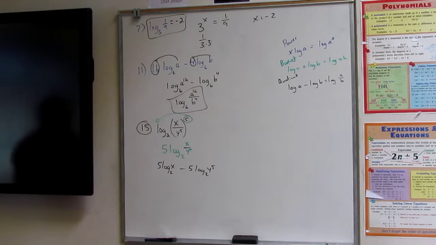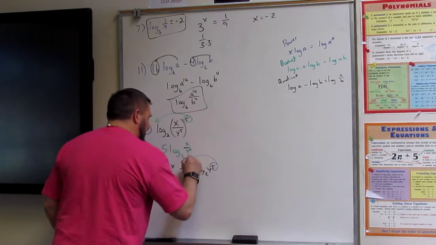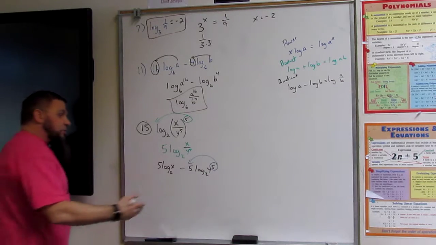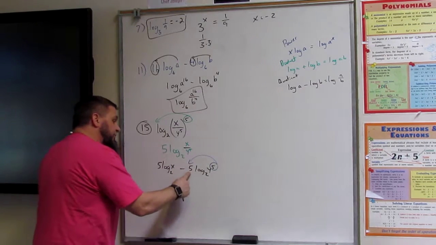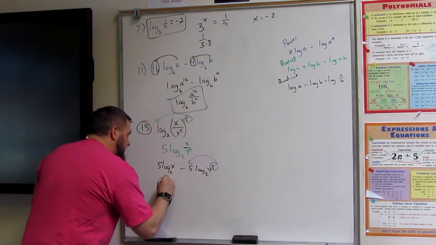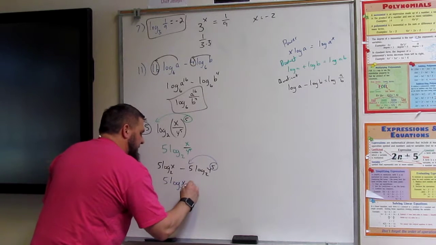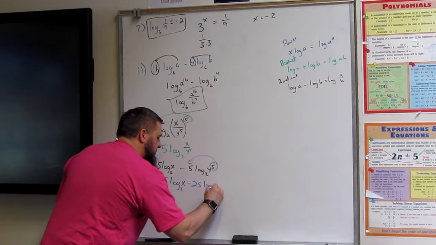And then again, I'm going to go back to the power sign. This power comes back out in front. Remember, that's multiplication, so this is really 5 times 5. So it's just 5 log base 2 of x minus 25 log base 2 of y.